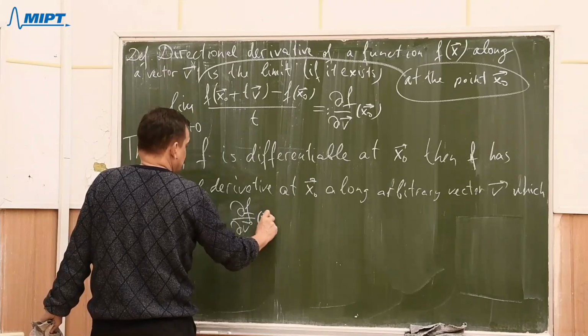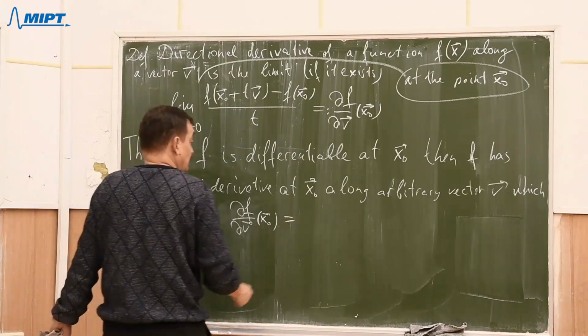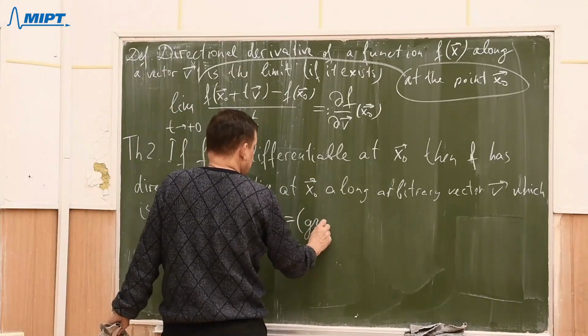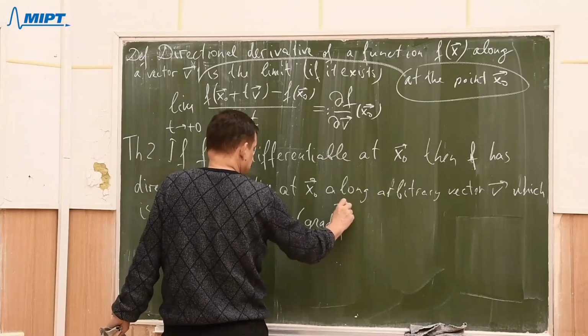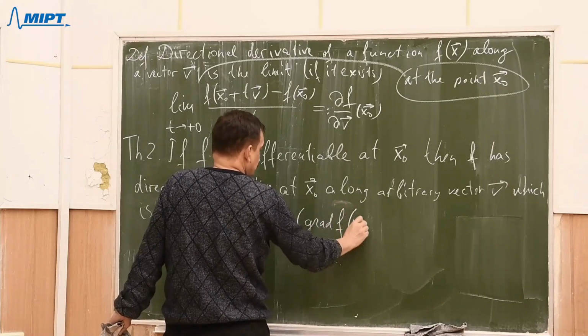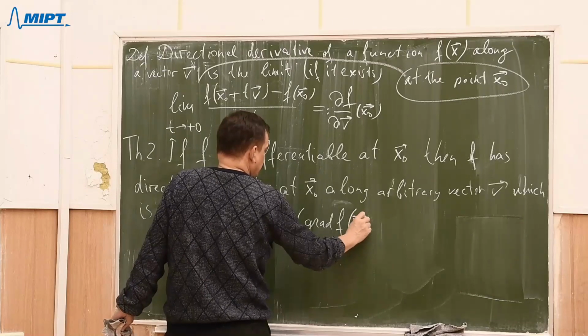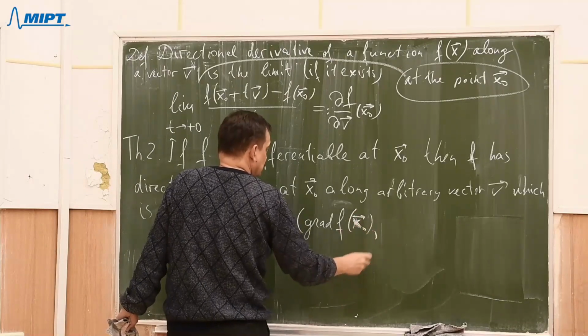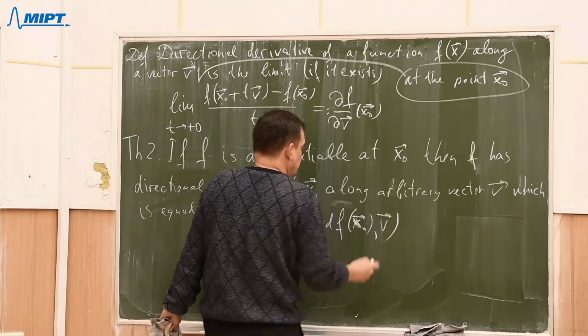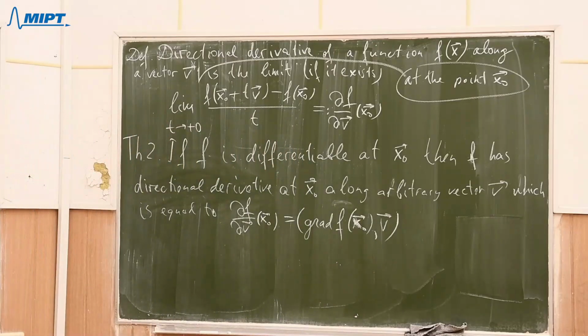At x naught it equals the scalar product of the gradient of f at the point x naught times the vector v. Proof.